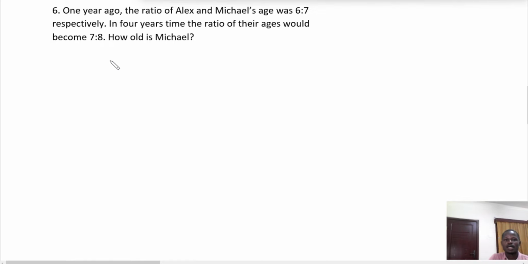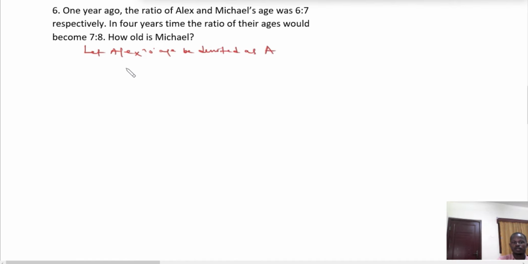So here we say let Alex's age be denoted as A, and Michael's age be denoted as M. So now here we have three instances. 1 year ago, this present moment, we don't know, and then in 4 years' time, according to the statement here.